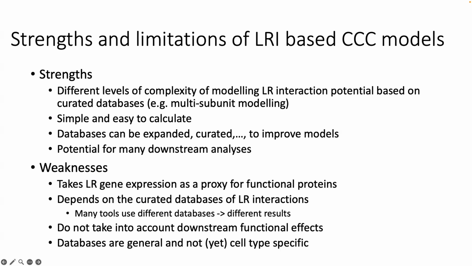We've seen that there are also some weaknesses in the assumptions here. We take gene expression as a proxy for functional proteins. We have strong dependence on the databases that we use. We don't take into account downstream functional effects. And typically, these databases are very general and not cell type specific. All these things we will see in the future will be improved, right?